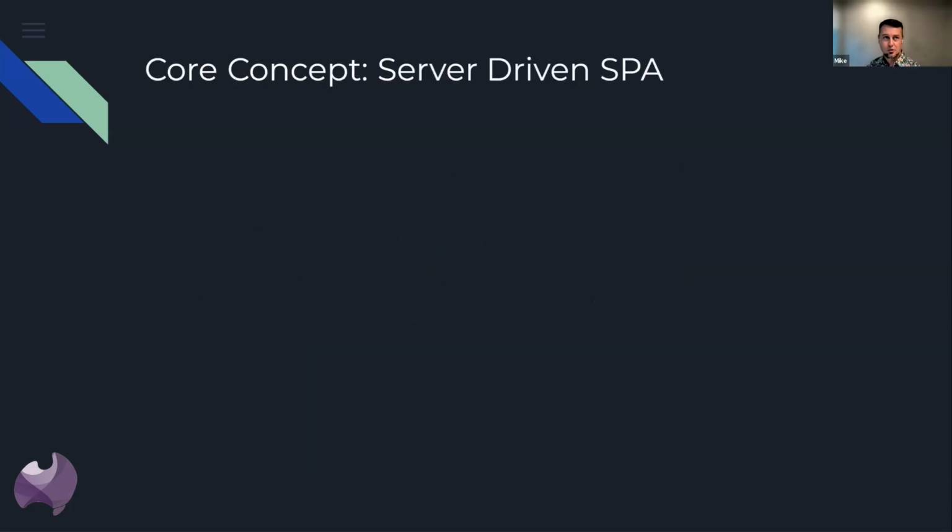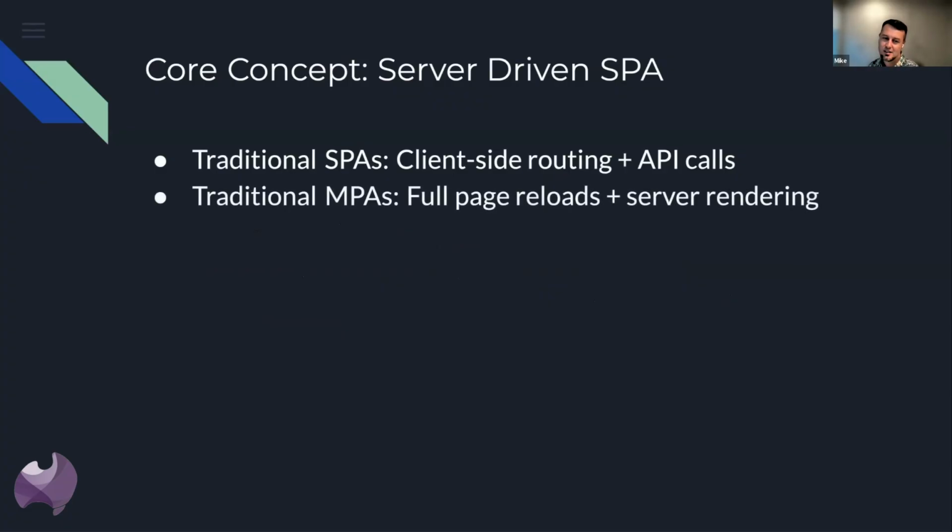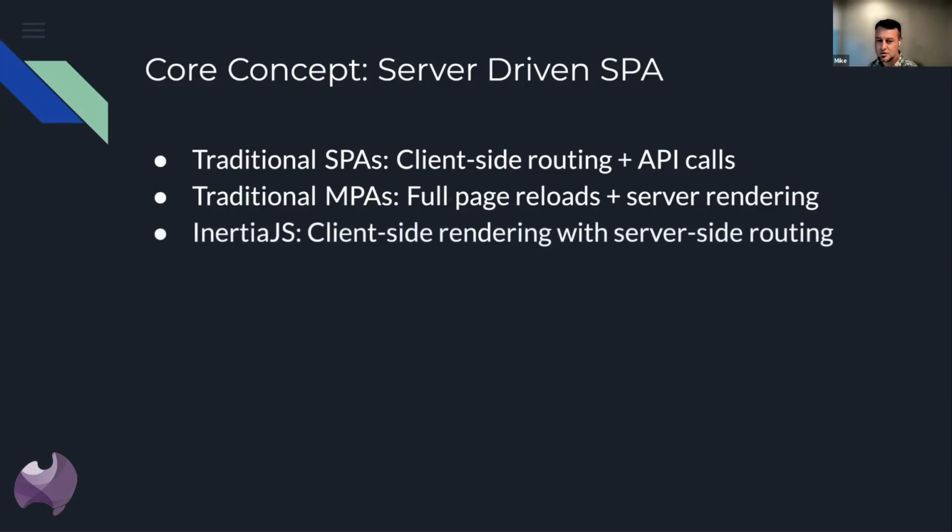Okay, so the core idea behind it is server-driven SPA. Unlike traditional SPAs, like Create React App, that use client-side routing to decide which page you're on and then make API requests to fetch data to show on those pages, and unlike traditional multi-page applications where you navigate to a new page by making a server request that fetches all the data and renders HTML back to the client, Inertia keeps the client-side portion of the SPA.